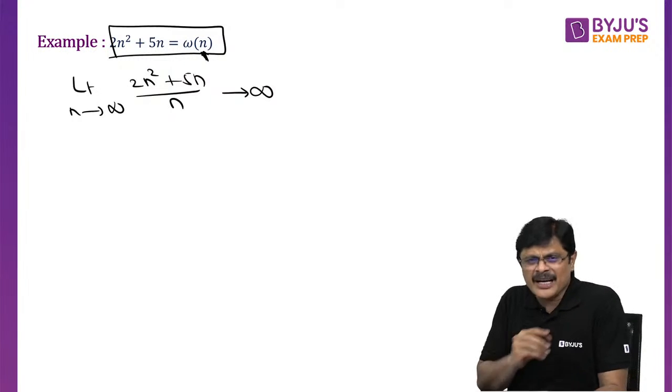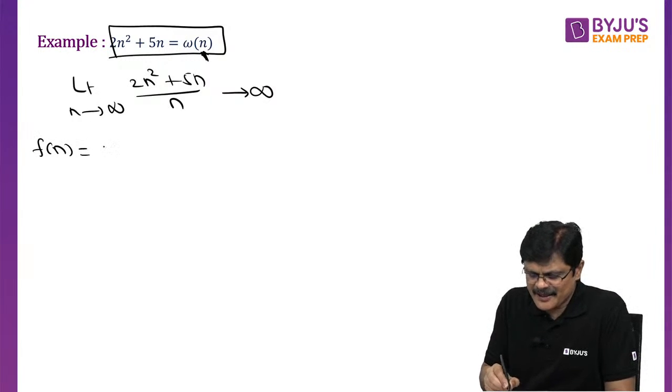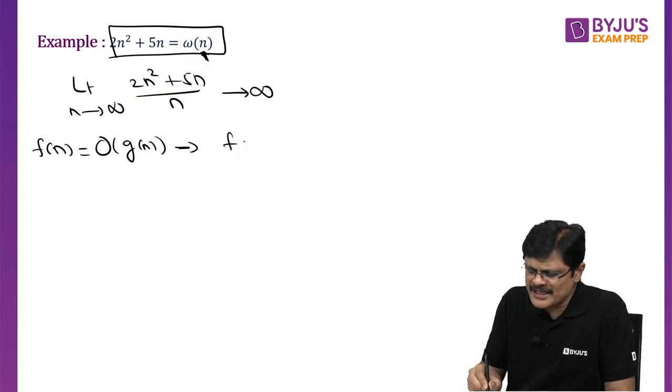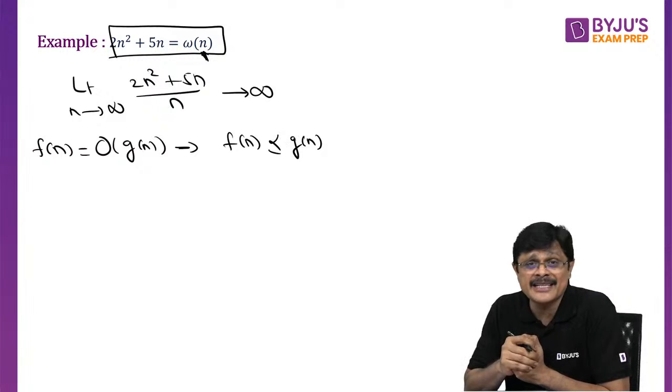In a nutshell, I will revise all the notations once again, my dear friends. See this carefully. If you say that Fn is big O of Gn, we denote it in a simple sense like this, with a scripted less than or equal to. Here we say that Fn is asymptotically smaller or equal to Gn.